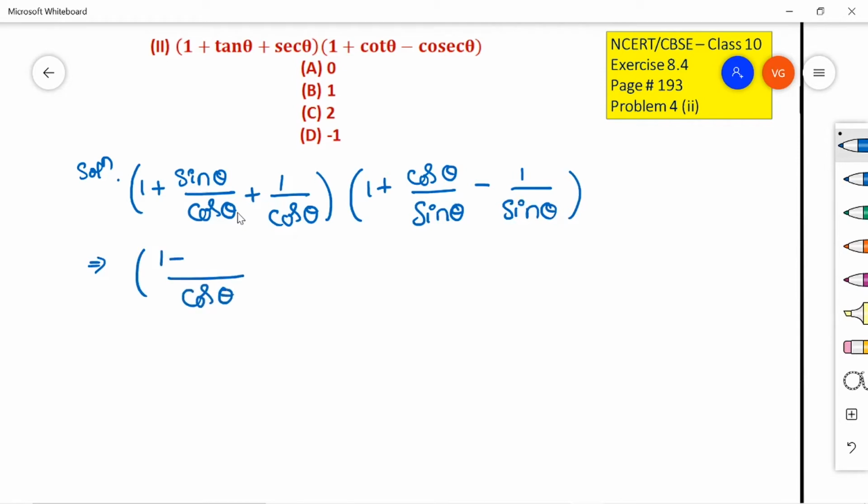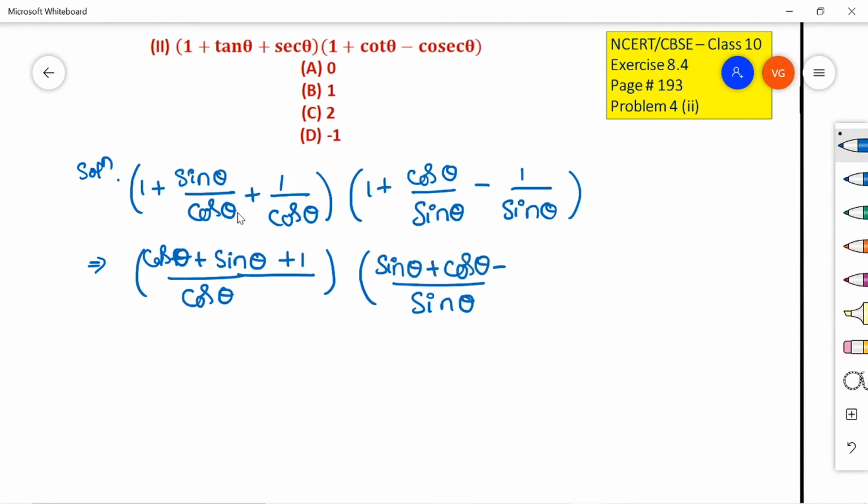So the numerator will be cos theta plus sin theta plus 1 multiplied by, again in the denominator I am taking sin theta as LCM. Here I will get sin theta plus cos theta minus 1, right? So in the denominator we have, if I multiply here, I will get sin theta multiplied by cos theta.